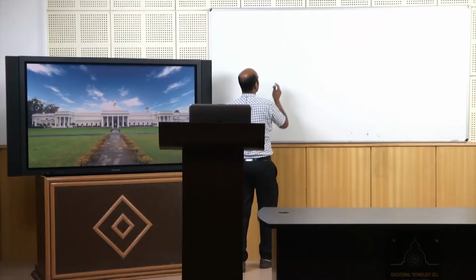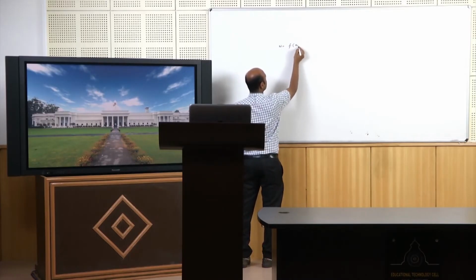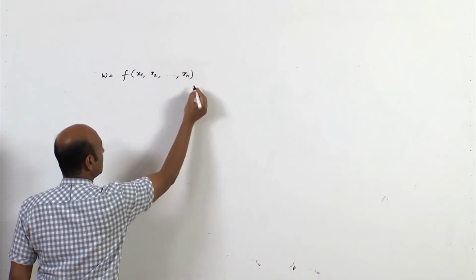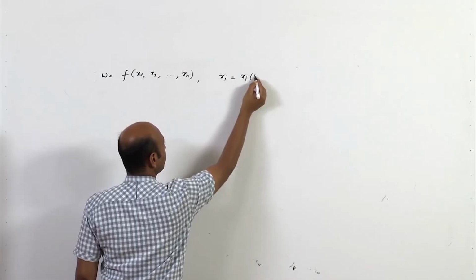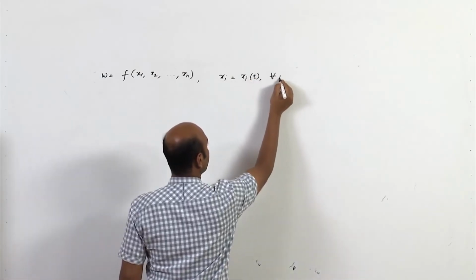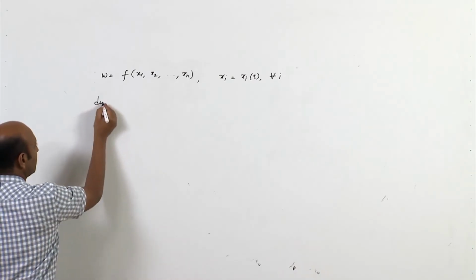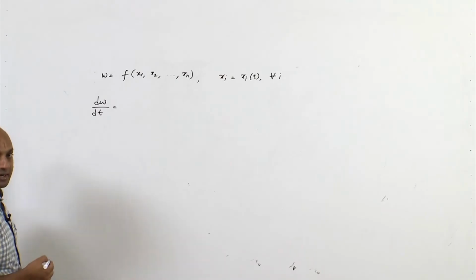Now let us suppose w is a function of n unknowns, and each xi is a function of t. And suppose you want to compute dw by dt. So again by the chain rule, how can we write this?